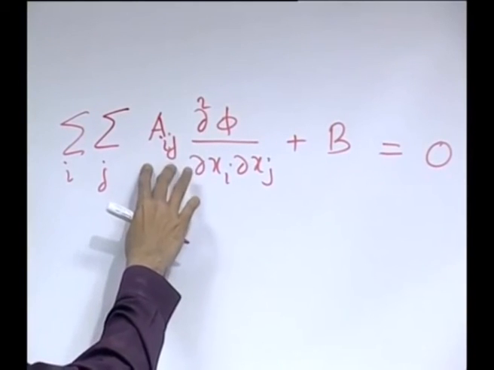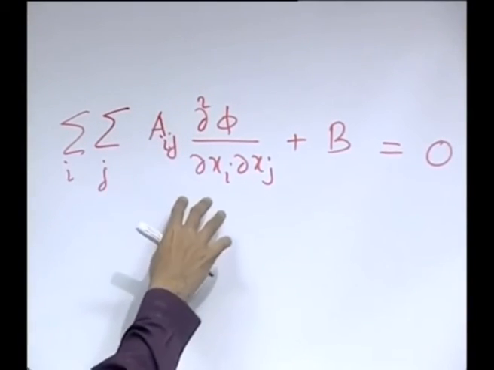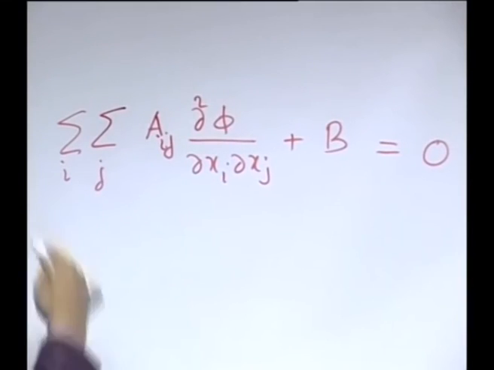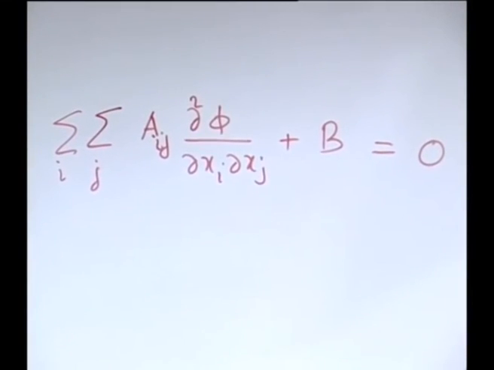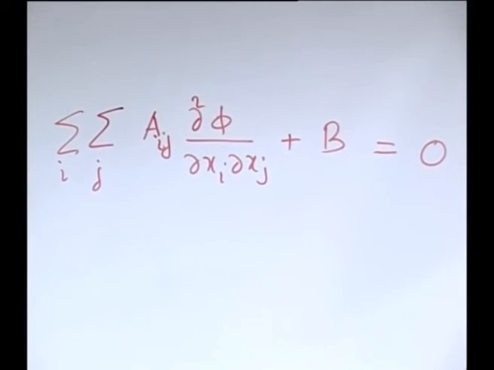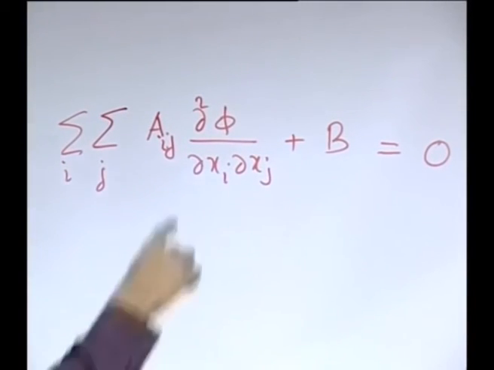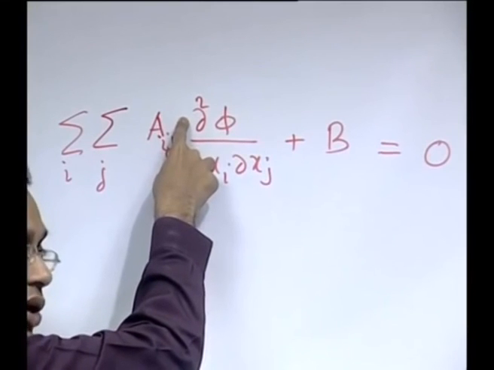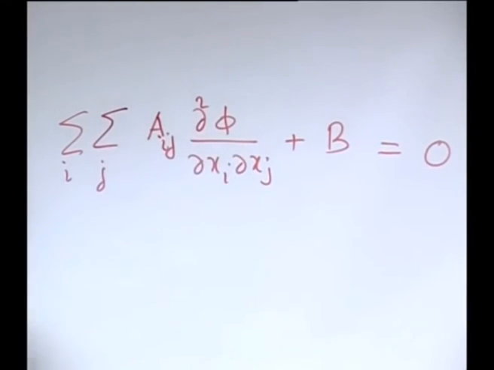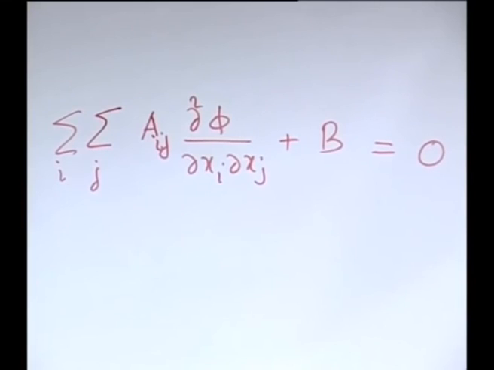So this is a more general example than the special cases we considered with two variables. Depending on the values of i and j you can have many variables, but still the highest order derivative is a second order partial derivative, so this is still a second order partial differential equation.